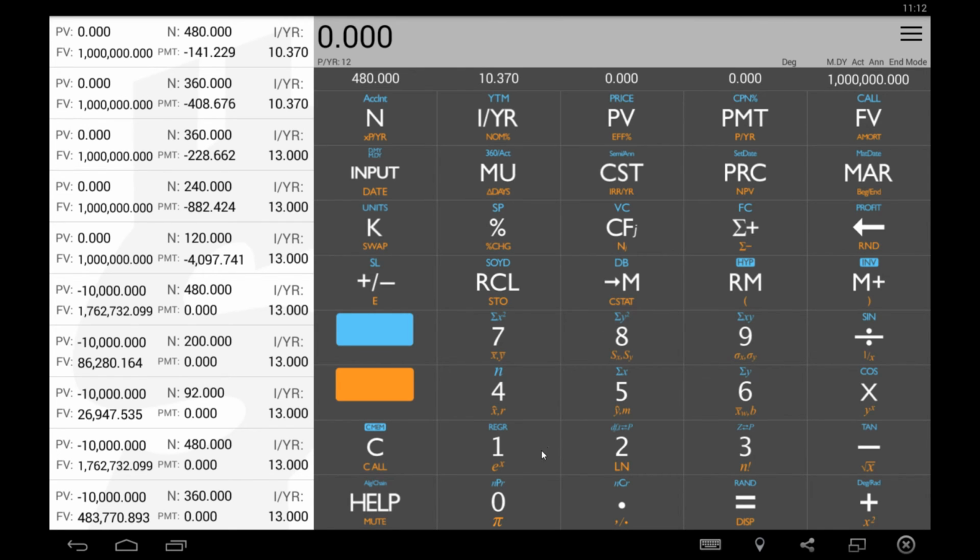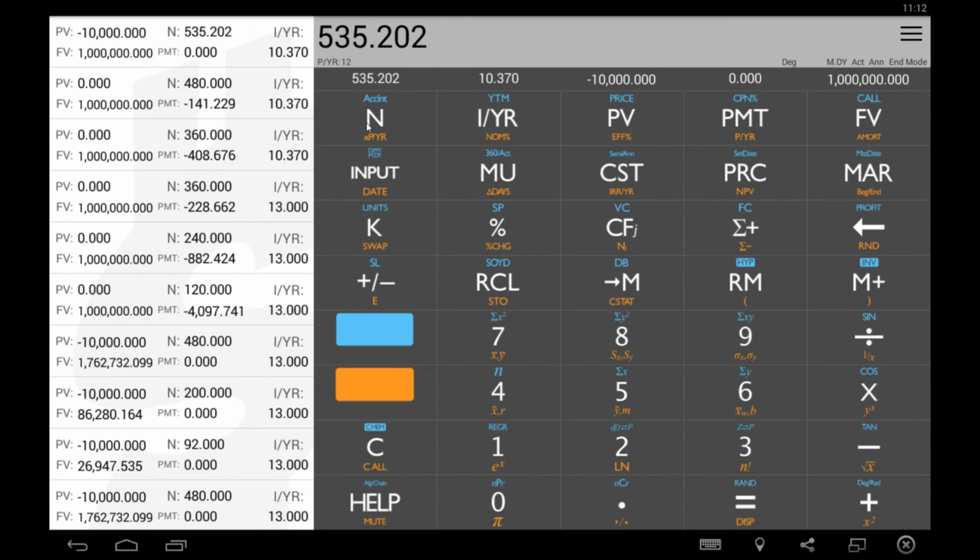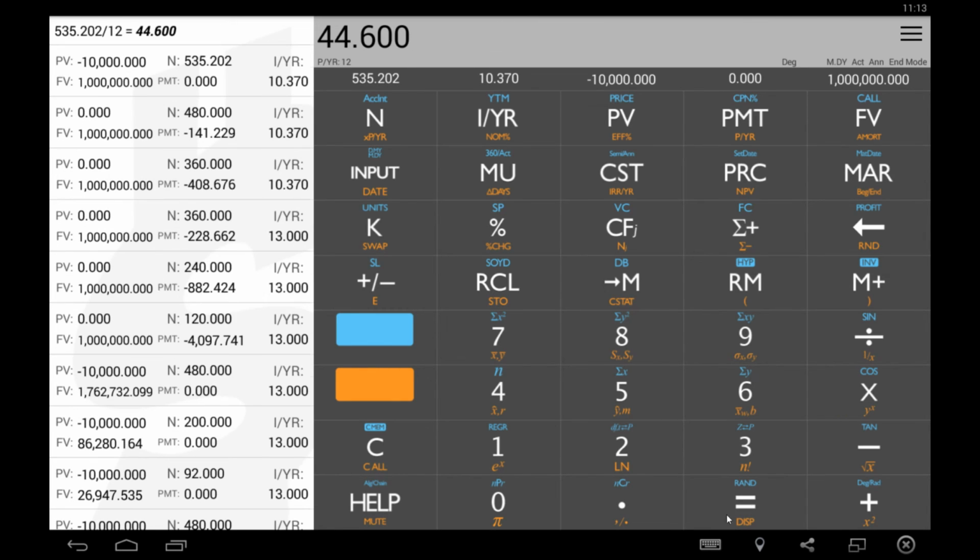I'm sorry, present value is 10,000. We're going to solve for n. This is how many months it would take for you to reach $1 million in today's currency values, I should say, off of $10,000. That's 44.6 years.